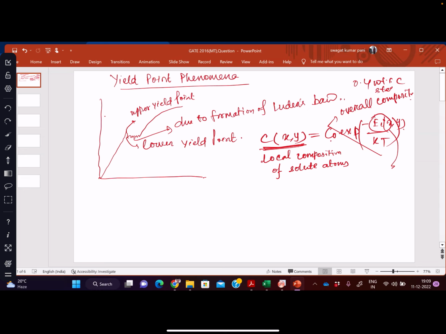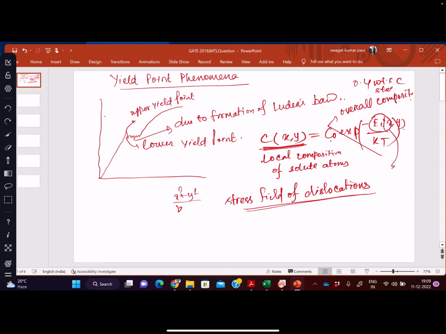There are long equations containing x squared plus y squared, I don't remember exactly, and also Poisson's ratio. That explains the stress field of dislocations, and this xy comes from there.